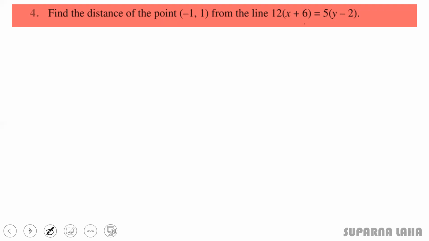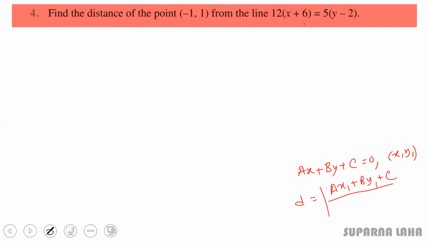The distance between a point and a line: if the line is ax plus by plus c equals to 0 and the point is x1 y1, then the distance formula is ax1 plus by1 plus c by root over a square plus b square.